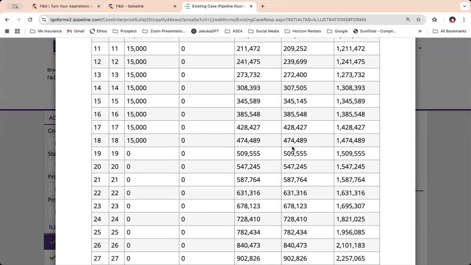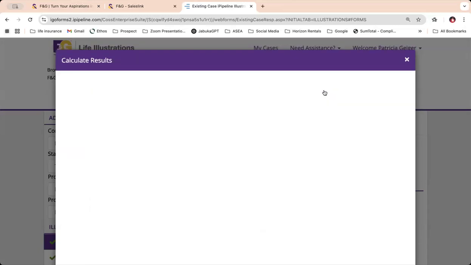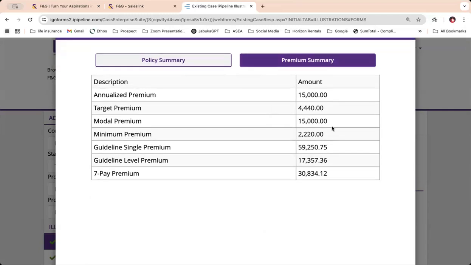Sorry, before we go to the second way, let's go to the premium summary, because I want to make sure I did not exceed the guideline level premium. If you are putting in money like that, as we say 15, then every year we need to make sure that it is equal to or less than the guideline level premium. You see, it's less than 17.